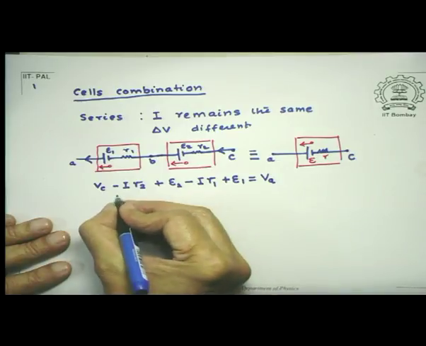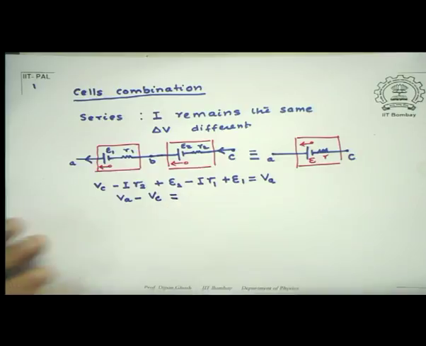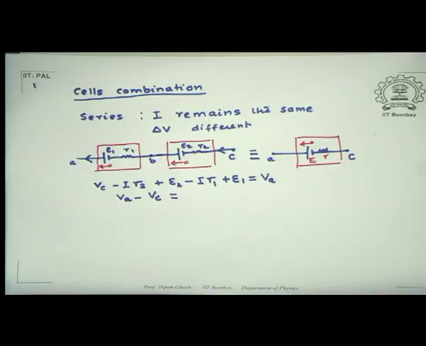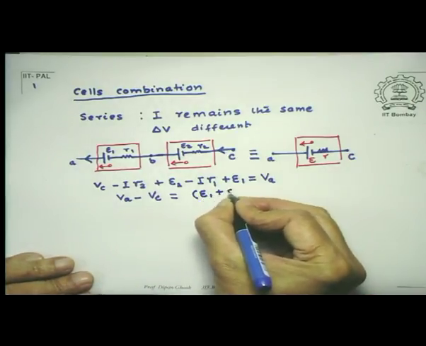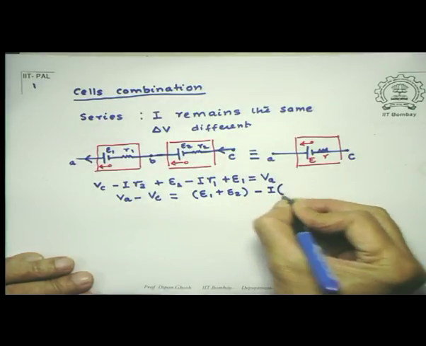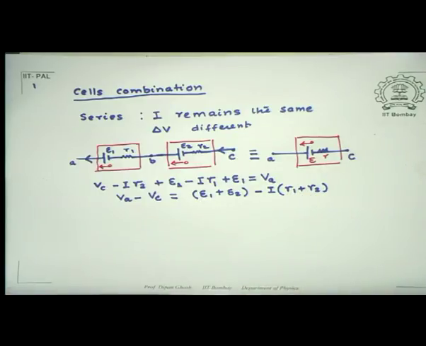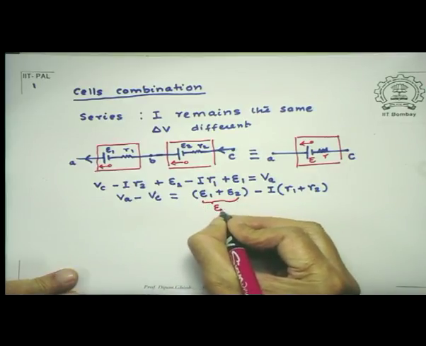So this tells me VA minus VC, that is the potential difference between the two ends of this section, is E1 plus E2 minus I times (R1 plus R2). If you look at this expression, it tells you that the equivalent EMF is given by E1 plus E2.